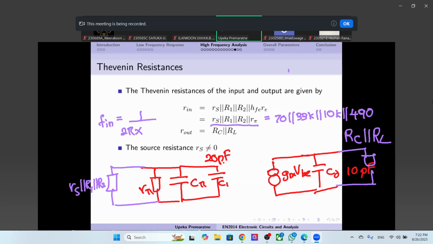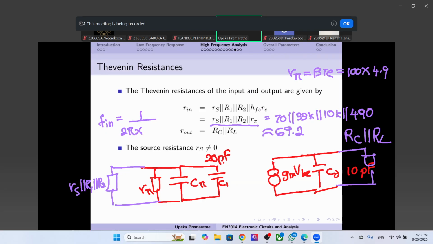R pi is beta times RE, 100 times 4.9, therefore 490. So this is approximately equal to 69.2 ohms.